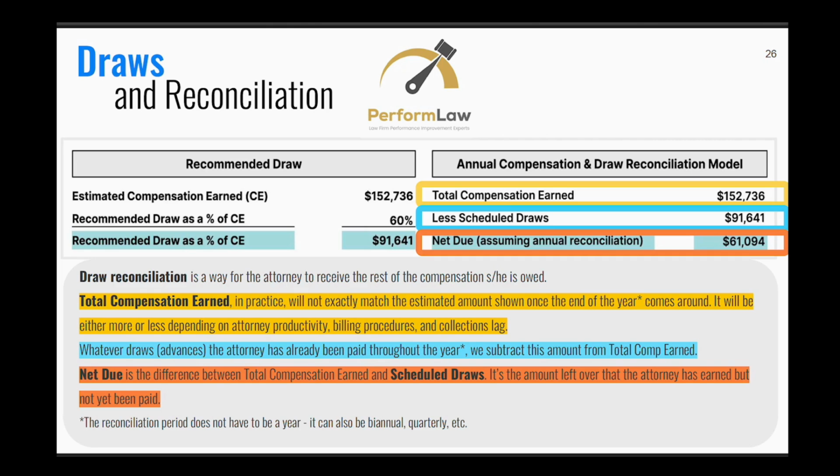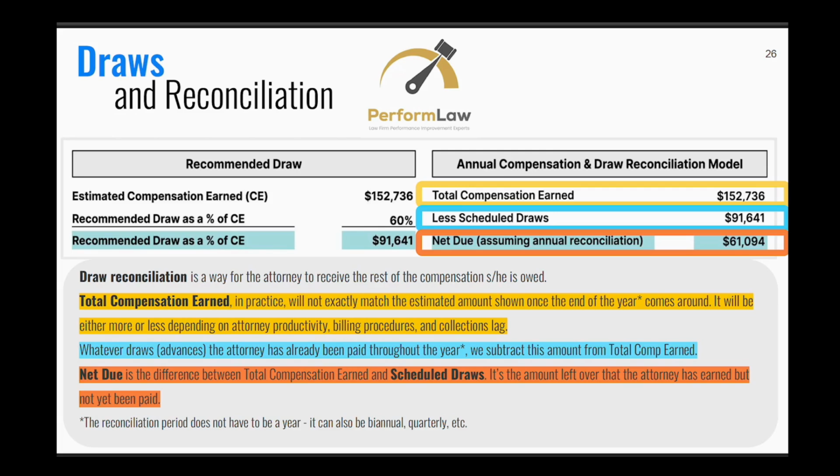But whenever the reconciliation is, what you do is you subtract the scheduled draws that the attorney has already received from the total compensation earned, whatever that actually ends up being, once the draw period has ended, once the reconciliation time has arisen.